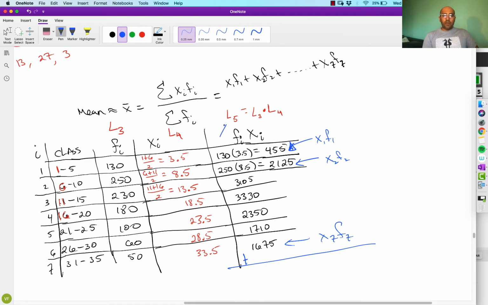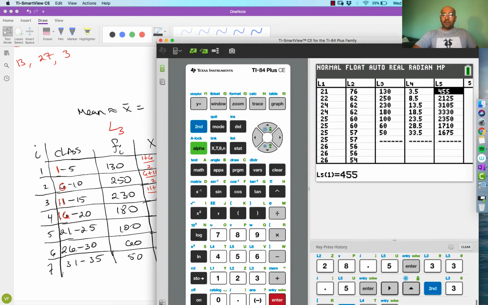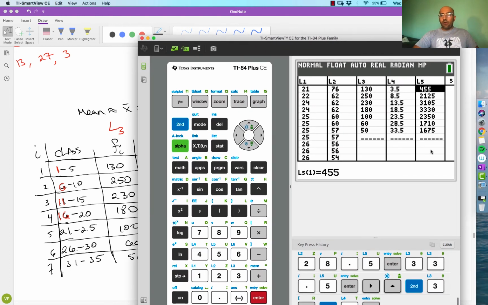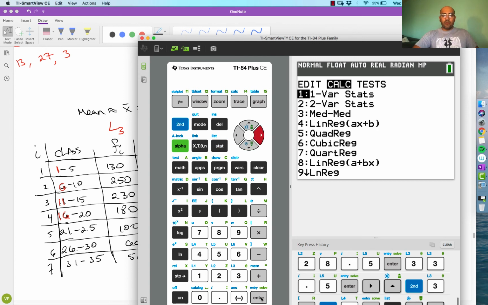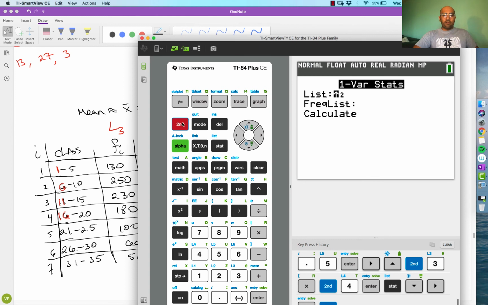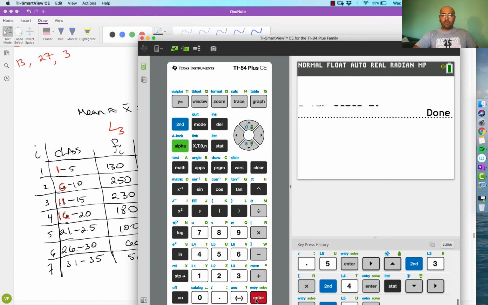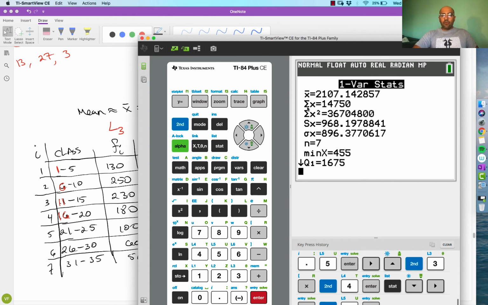Good. Well, luckily they're already in my calculator, so that's just the sum of L5. And so we can take advantage of our shortcuts in our calculator. I want the sum of all the values in L5, so we're going to do stat calculate, one variable statistics on L5, and then remember that this is the one we want.